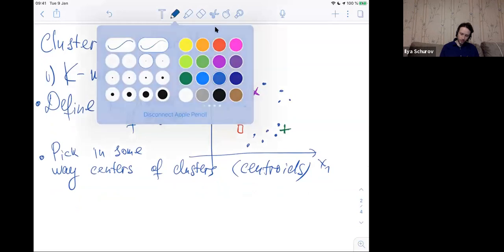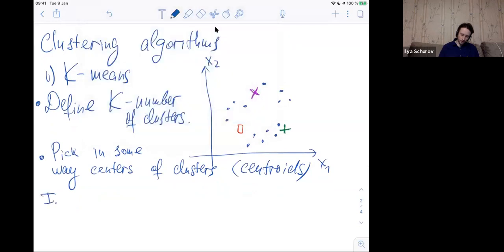Then you repeat two steps. First step, assign each observation to the nearest centroid.